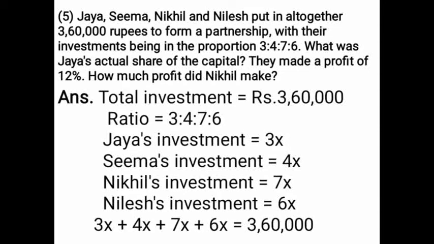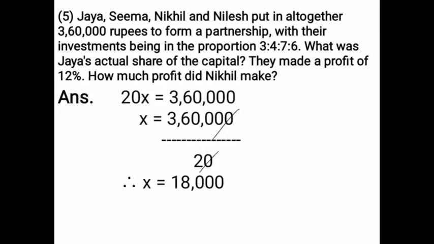You have to find the value of x. Now read the other sentence of the same question: what was Jaya's actual share of the capital? Means you have to find Jaya's investment. Jaya's investment, I have already taken as 3x. I have already got the value of x here.